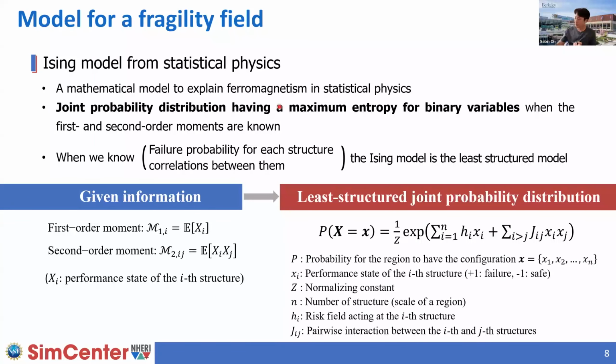So in other words, if we know the failure probability for each structure in a region and correlations between them, the Ising model is the least structured model describing the target region. And I'll explain the meaning of each parameter and variable in this model in the following slide.